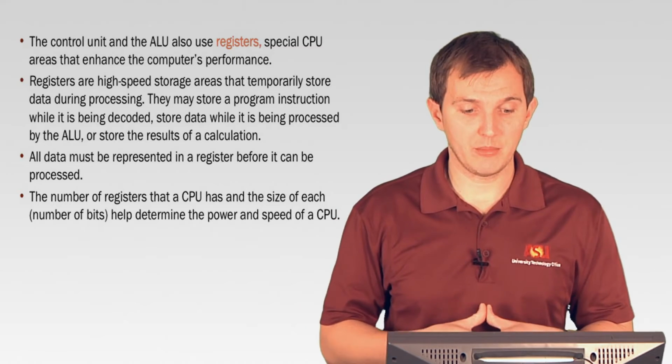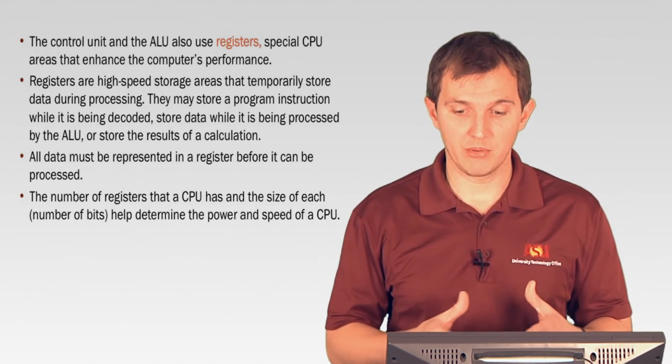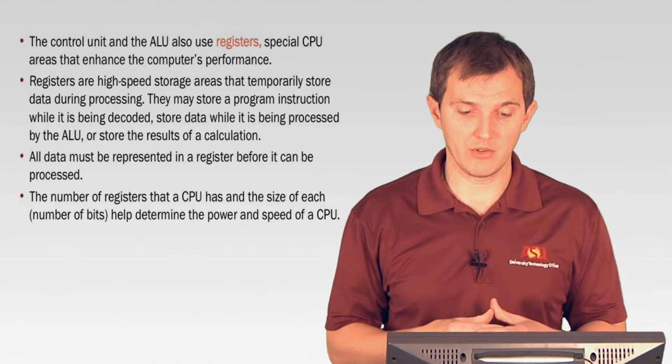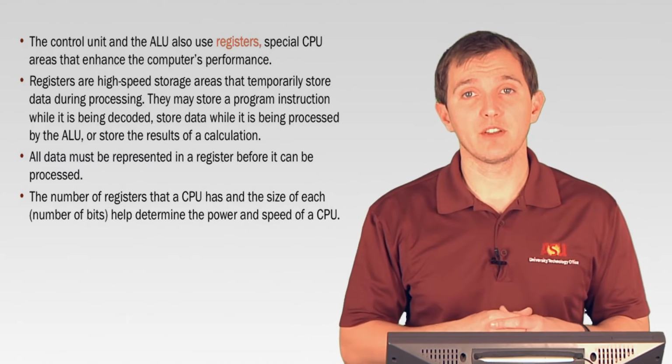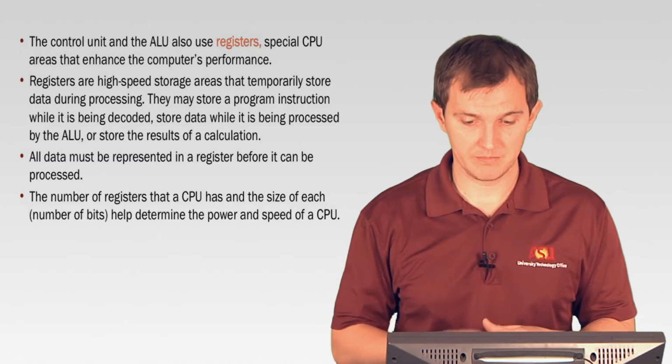They are high-speed storage areas that temporarily store data during its processing. They store a program instruction while it is being decoded, store data while it is being processed by the ALU, or store the results of a calculation. So this is memory inside of the computer that will hold information while it's in the processing state.